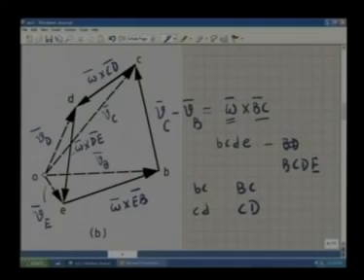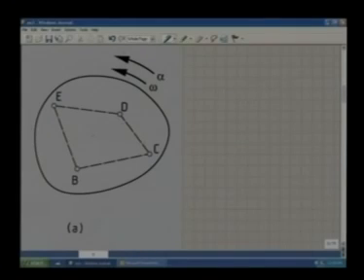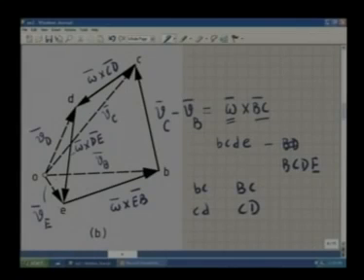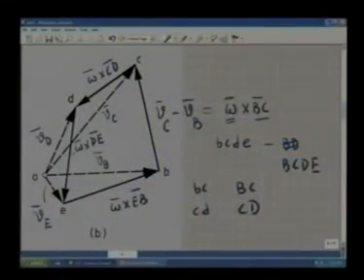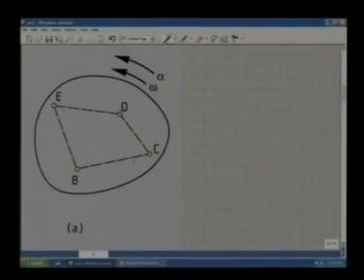So, if we consider this quadrilateral BCDE and the corresponding quadrilateral in the velocity diagram bcde, it is a scale drawing of the original capital BCDE, and it is rotated through an angle 90 degree in the sense of omega. If omega is counterclockwise, this bcde we can see to be rotated 90 degree in the counterclockwise sense because omega is counterclockwise.